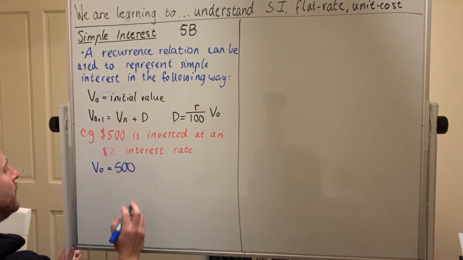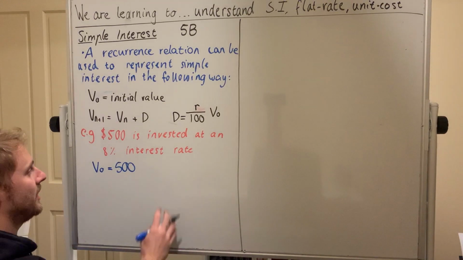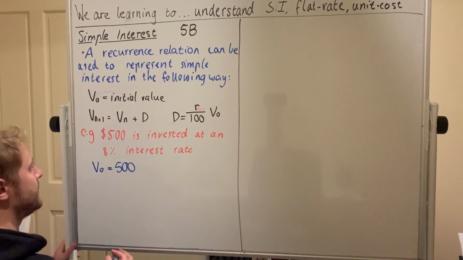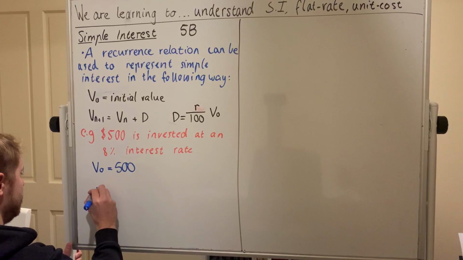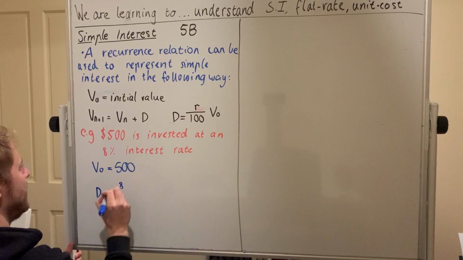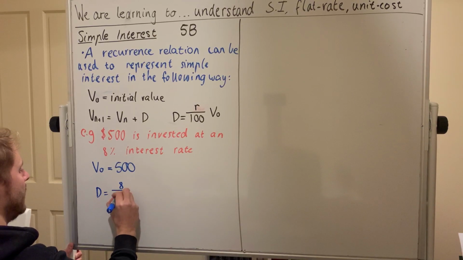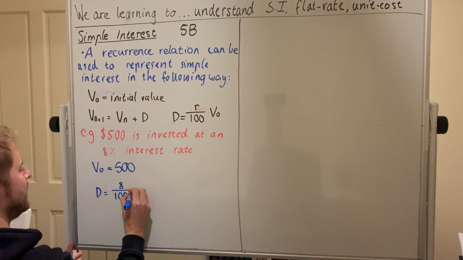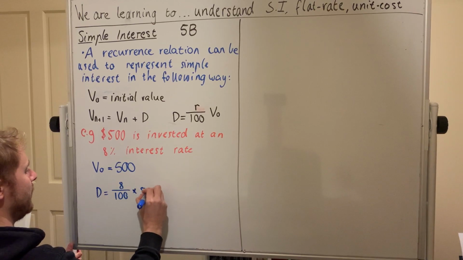Now, before we write out our full recurrence relation, we do need to calculate this D value, the difference. So to work that out, it's the rate, in this case, which is 8 over 100 multiplied by the initial value of 500.